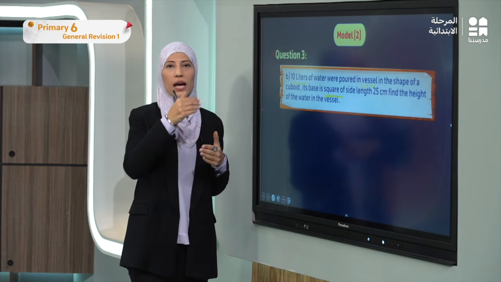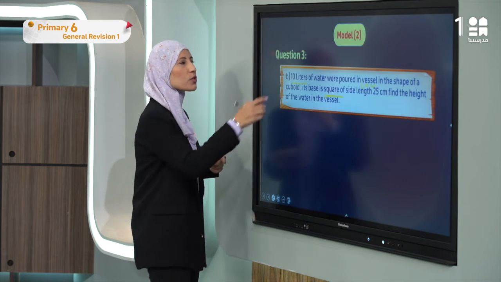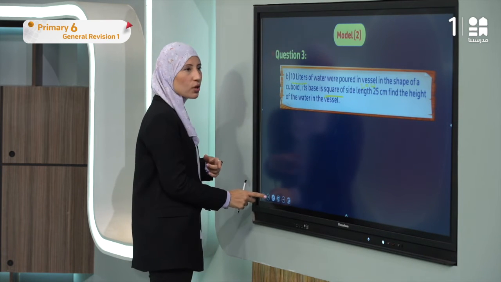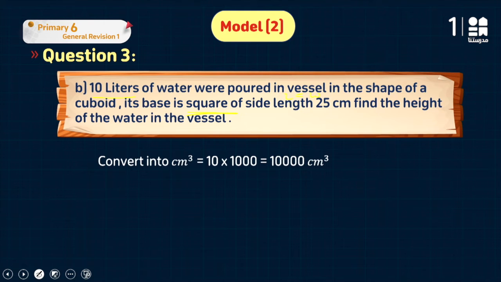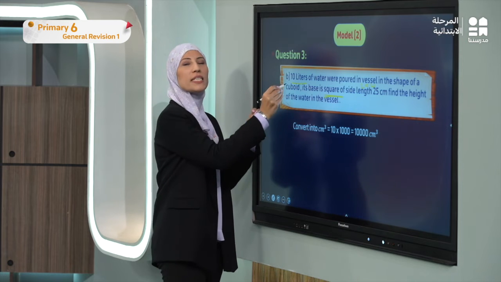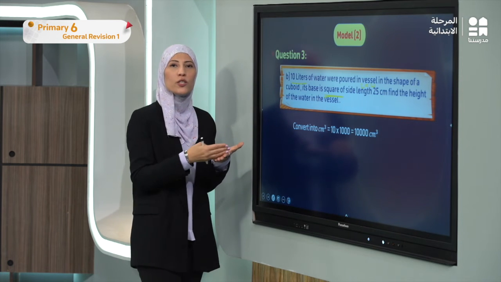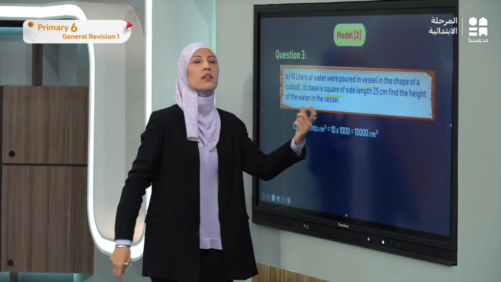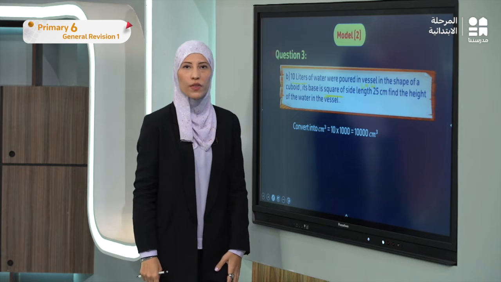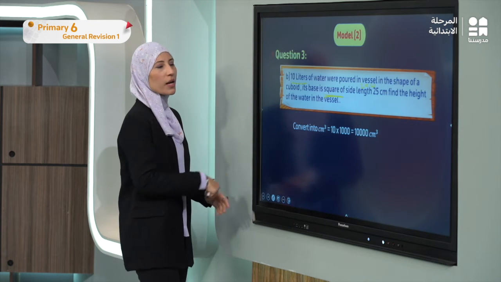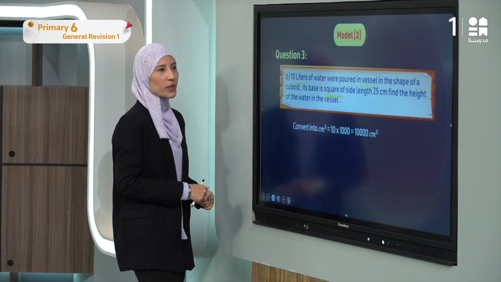I am supposed to convert liters to cubic centimeters by multiplying by 1000. It's a very important step. Be careful: whenever you have liters, you are supposed to convert to cubic centimeters so you can calculate with your dimensions. So it will be 10,000 cubic centimeters.